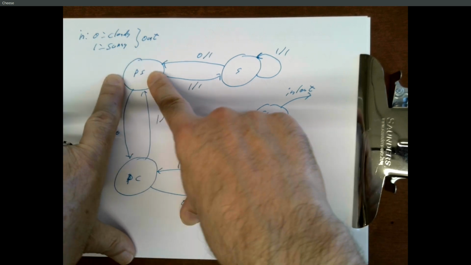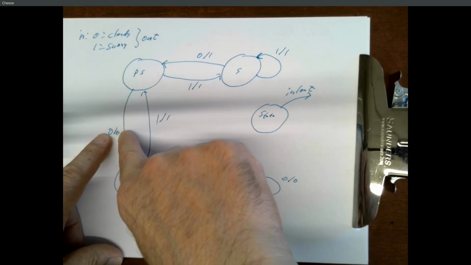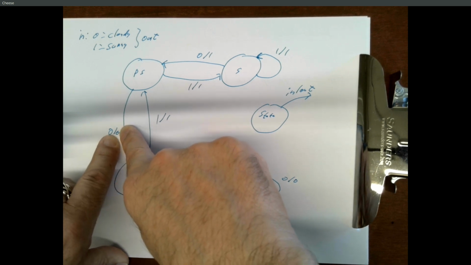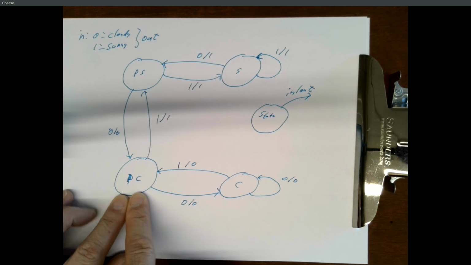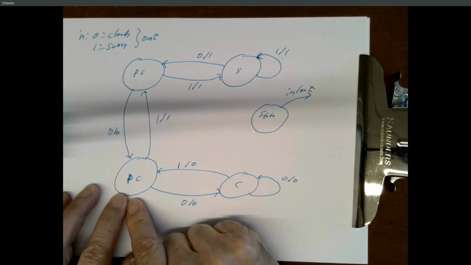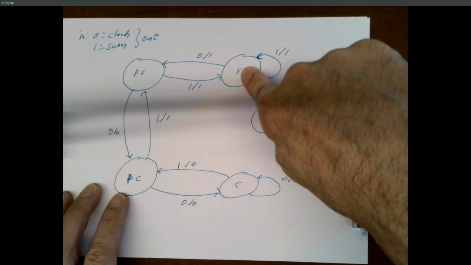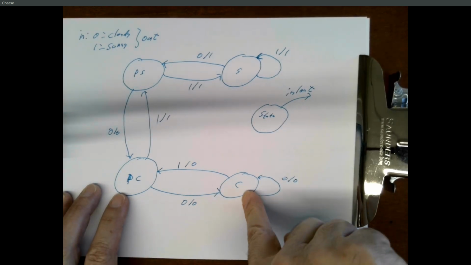But if we're in this state and it's cloudy tomorrow, if our input is a 0, we're going to change our prediction. We're going to say the next day is going to be cloudy, and we're going to move to this new state PC, which says it's probably going to be cloudy. So basically, this is a state we're in where it's been sunny for a bunch. This is a state where it's been cloudy for a bunch.